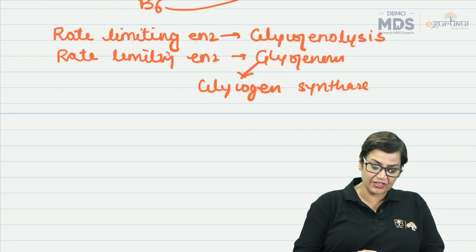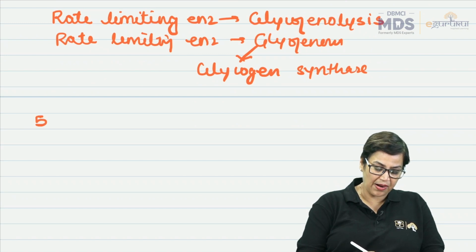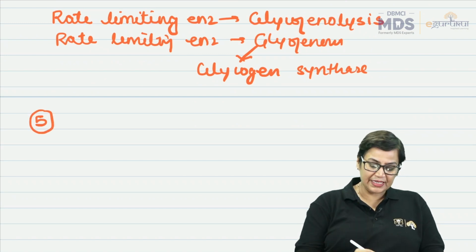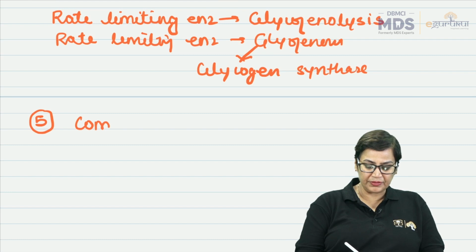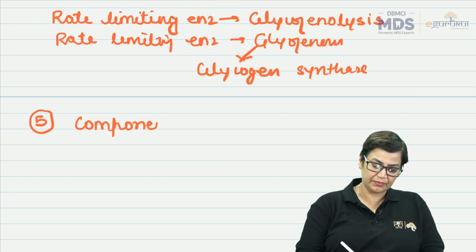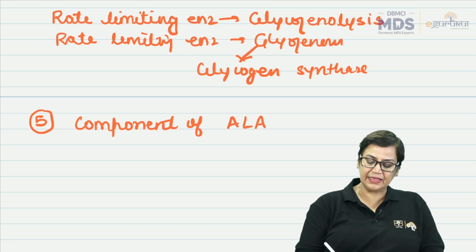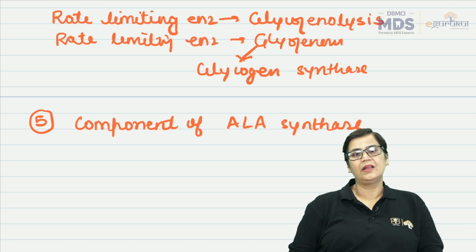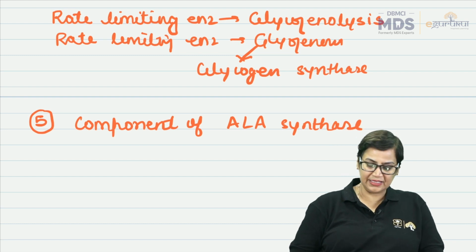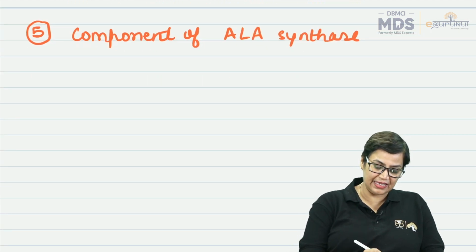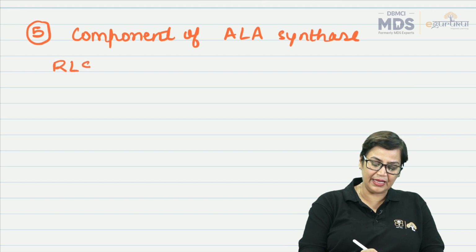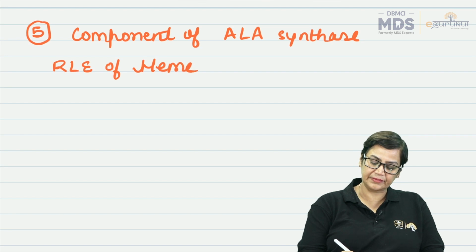Then the next function: B6 is a component of ALA synthase. Now, what is this ALA synthase? ALA synthase is the rate limiting enzyme of heme synthesis.